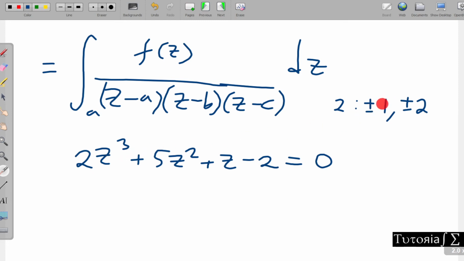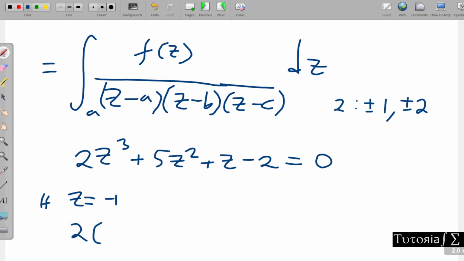You start with positive 1. When you put positive 1 in here, is it giving you 0? No. If you try negative 1, is it giving you 0? Yes. So this is called trial and error. Z is equal to -1.